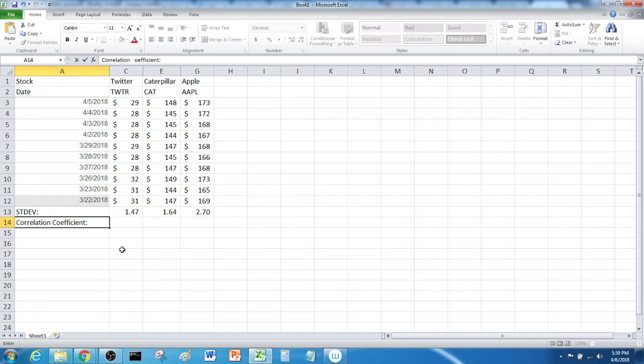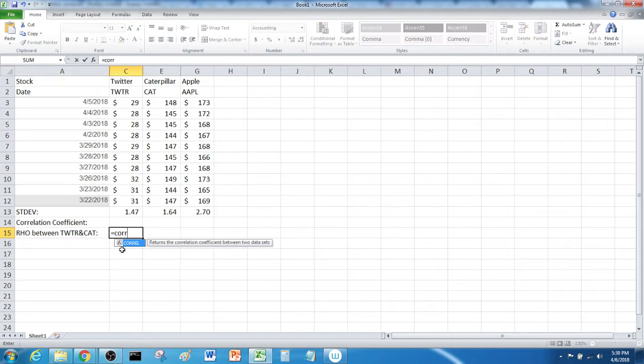Okay, so the correlation coefficient, this is the really important one. Well, I've got to specify between what? Okay, so this is rho, or the correlation coefficient, between Twitter and Caterpillar. Okay, so here's how you compute that. You put the equal sign and type CORREL and open parentheses and get your first set of data in there, put a comma, and then get your next set of data in there.